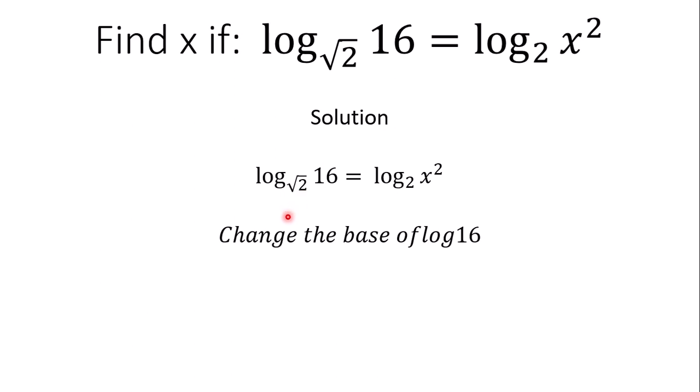So we will pick the new base, which is 2, and also pick this number, 16, and use it to form a single log. Then we divide it by a log formed from the original base, which is square root of 2, and the new base. Let's see how it's done.